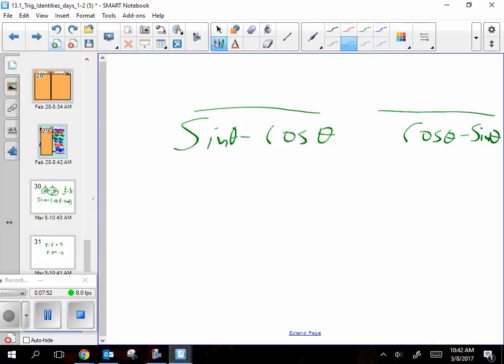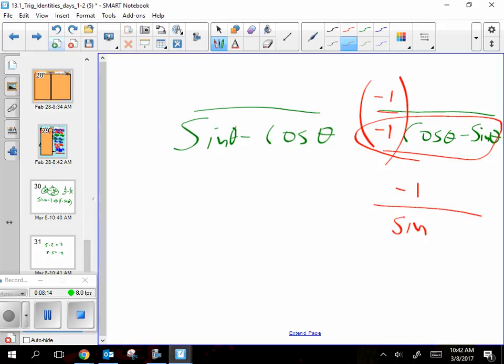Yeah, if you multiply by negative 1 on the bottom and on the top, do you get how that's legal? You're just multiplying by negative 1 over negative 1. And what does the bottom turn into? Sine minus cosine. So now it's negative 1 on top over sine minus cosine. And now I've got a common denominator. And now I could keep going.